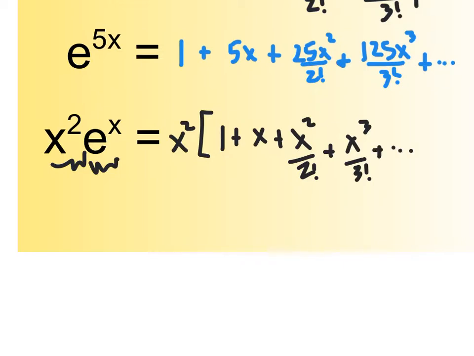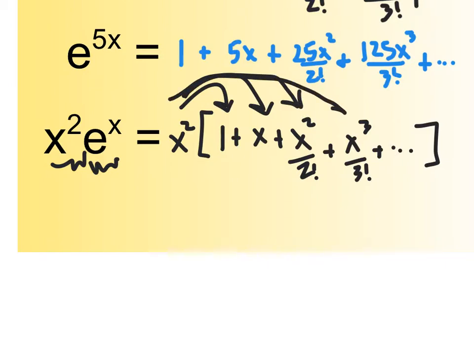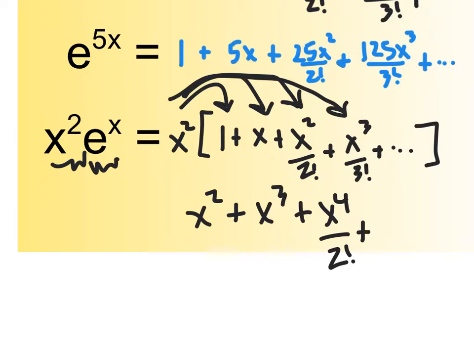So I'm just going to distribute this x squared to every term of e to the x, and I get a new polynomial. So I get x squared plus x cubed plus x to the 4th over 2 factorial plus x to the 5th over 3 factorial, and on and on and on. Some cool stuff there. So this is just the product of two polynomials. Let's try some more.